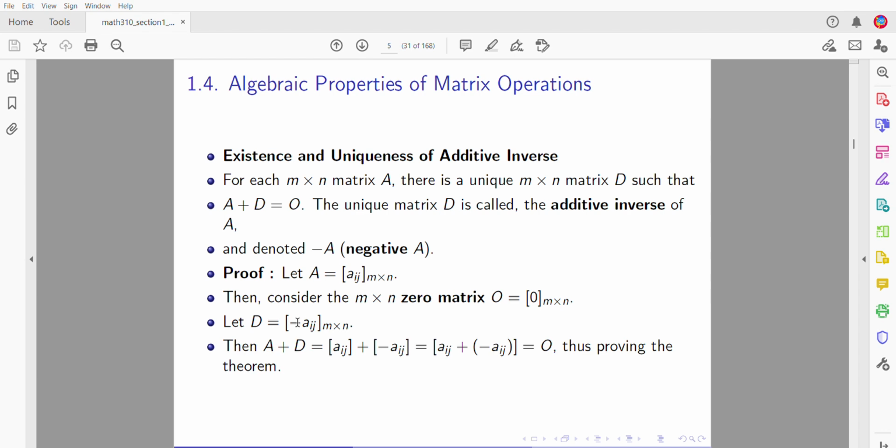Then A plus D is matrix Aij plus matrix negative Aij, that is matrix Aij plus negative Aij. Adding these two gives you 0. So every entry is 0, so the matrix itself is matrix O, which proves the theorem.